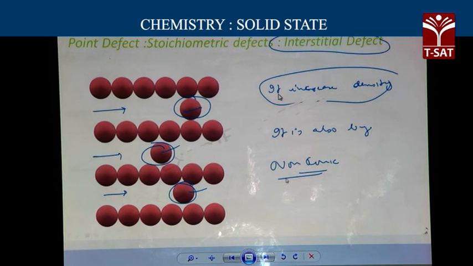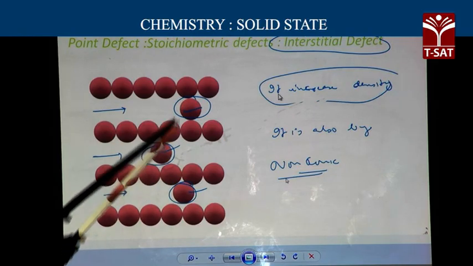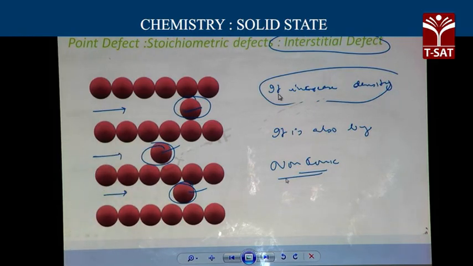If you see interstitial defect, here this row, this row, this row, these all 4 rows are perfect. But due to the occupation of additional sphere in the interstitial spaces, here, here, here, proper arrangement will be disturbed.